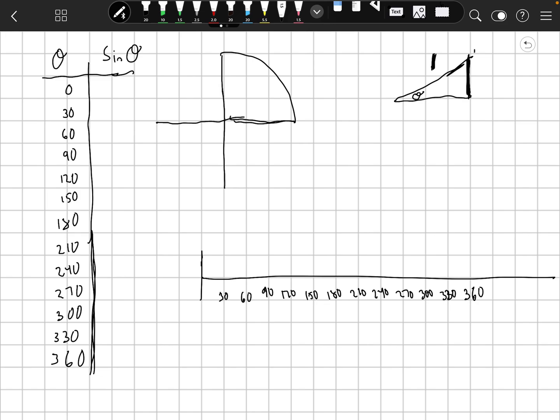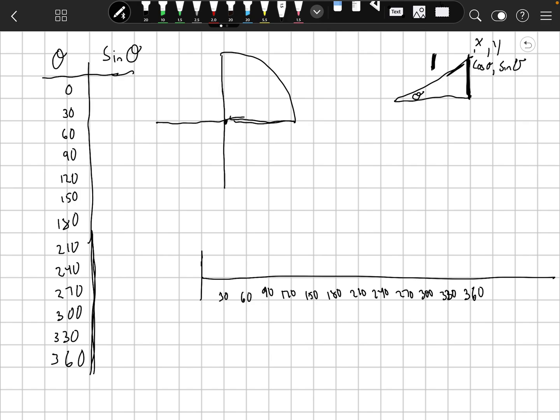So sine is really just the height of our triangle right there. So at sine 0, there's really no triangle. Also, it's the y coordinate. So I'm just going to write xy here and cosine theta and sine theta there. So the y coordinate is sine theta. Okay, so let's take a look at this.